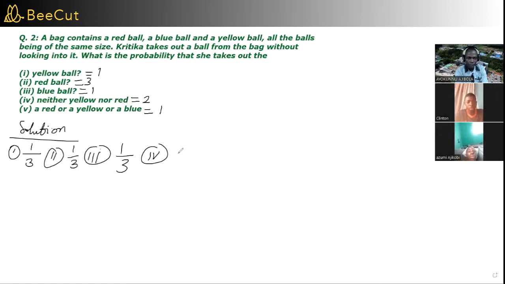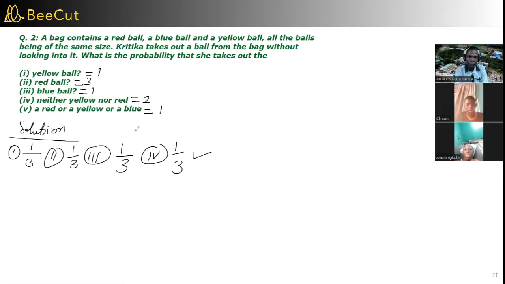Yes, probability of picking blue. You understand me? Because it will be the probability of picking blue. And what is the probability of picking blue? That is 1 over 3. So I would say, if she's not picking yellow, she's not picking red, then it is certain she's picking blue. So what is the probability of picking blue? That is 1 over 3.